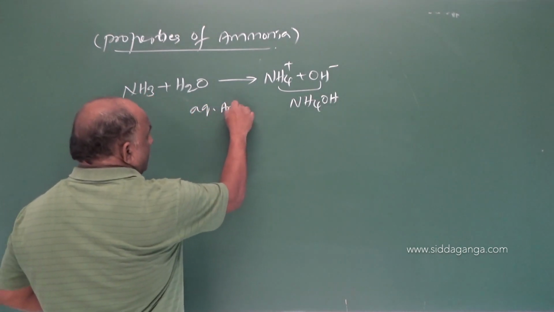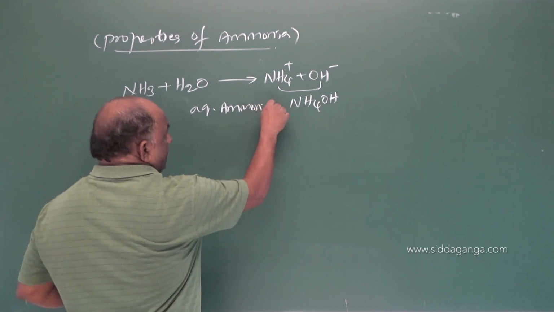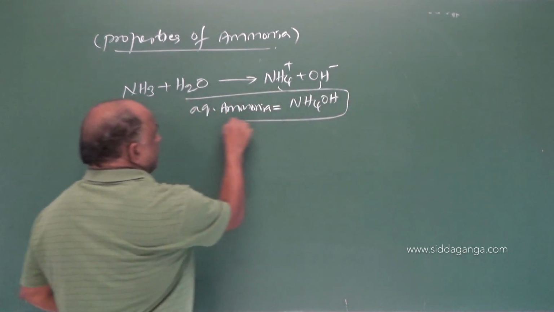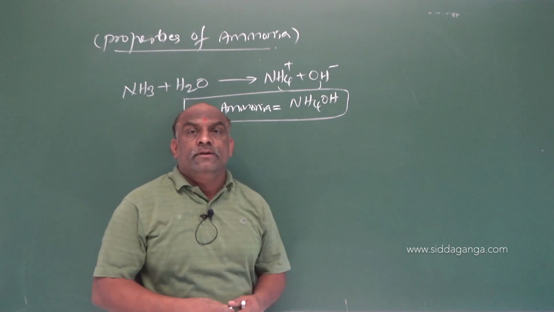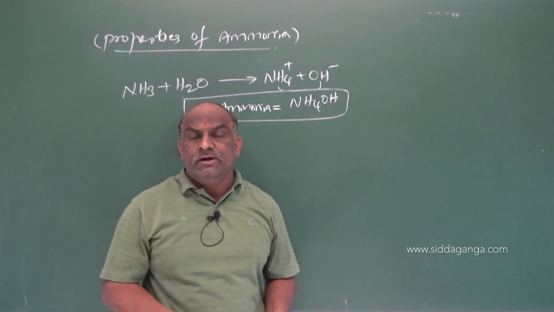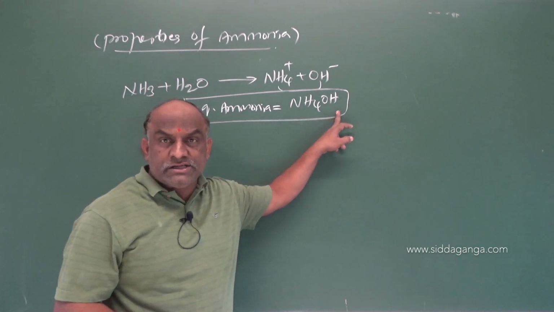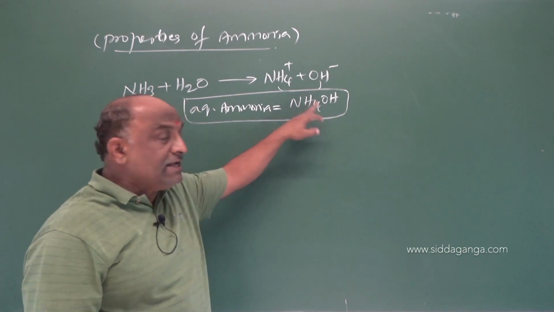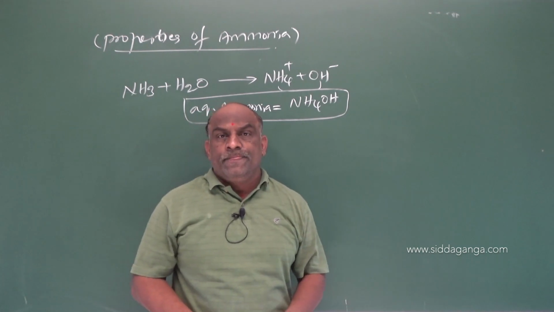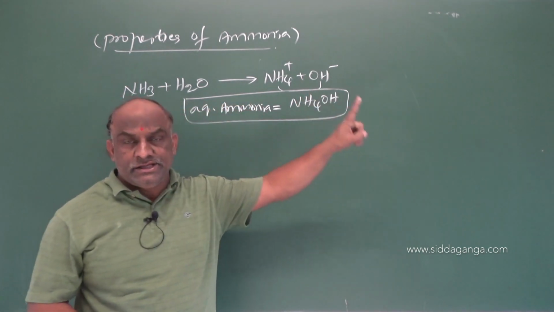What is aqueous ammonia? Aqueous ammonia is equal to NH4OH only. Aqueous ammonia is called ammonium hydroxide. Aqueous ammonia is basic in nature.